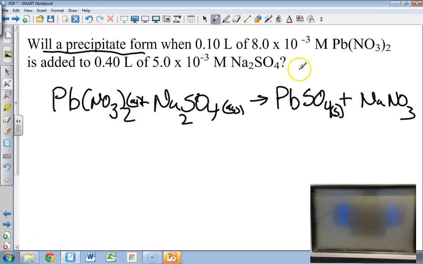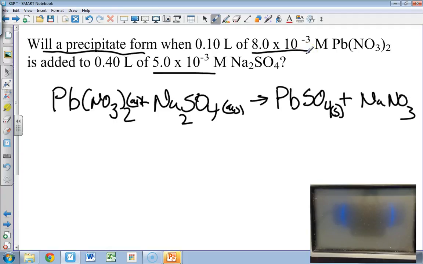But the idea is now that these concentrations are so small, and we know that solids actually can dissolve a little bit, even though they're not fully soluble. You know, we want to know how much is actually going to dissolve.